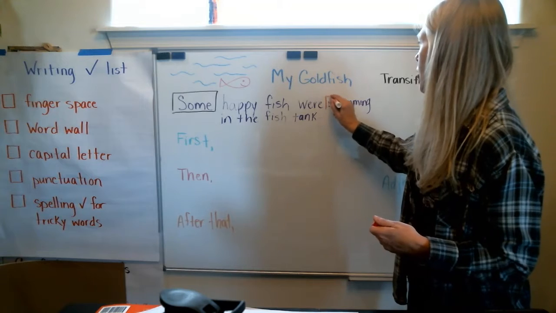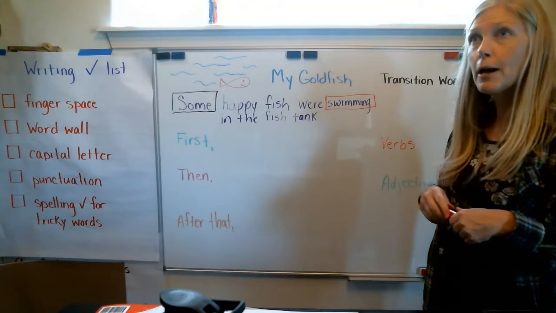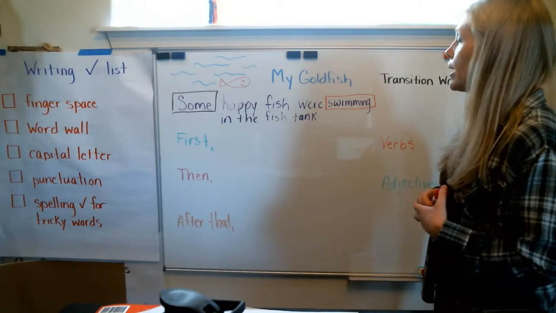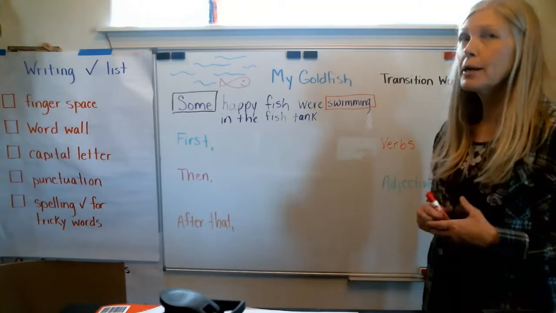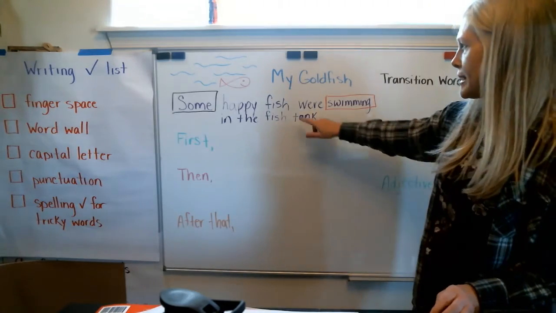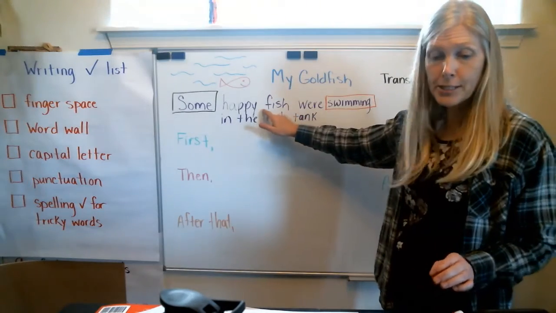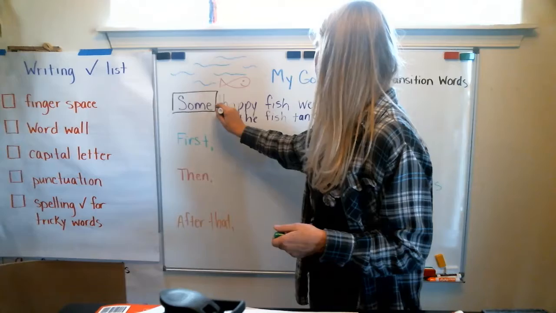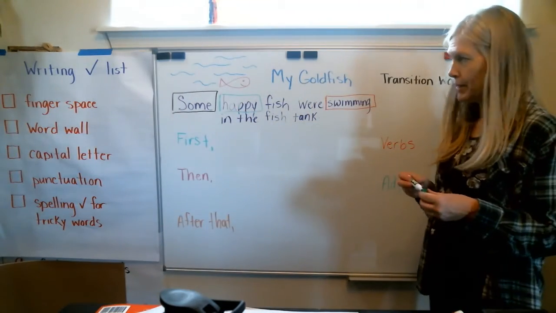My fish are swimming. So that gives you a nice picture in your head of what my fish are doing. And my adjectives. So I want to make sure I describe my fish. Instead of just saying fish, I decided that they were going to be happy fish. I used an adjective in my sentence.